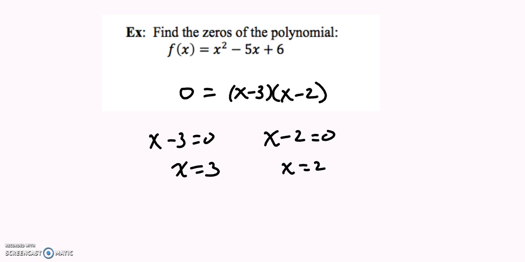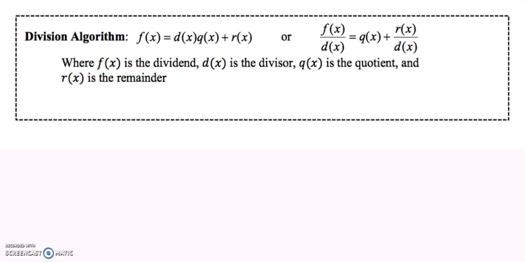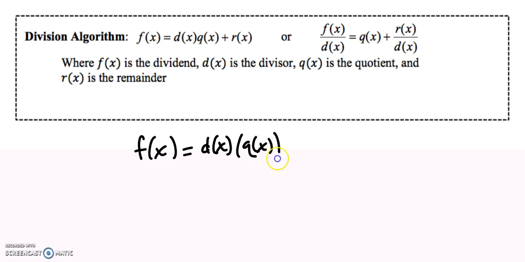Now I'm going to relate x squared minus 5x plus 6 to the division algorithm. The division algorithm is basically taking what we have here, f of x equals the divisor times the quotient plus the remainder.